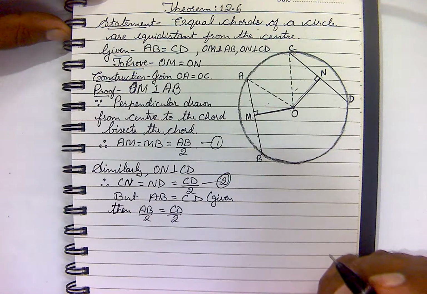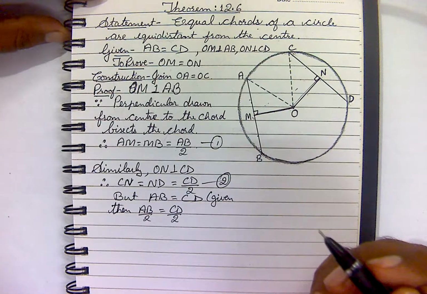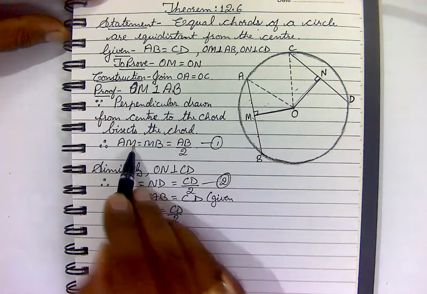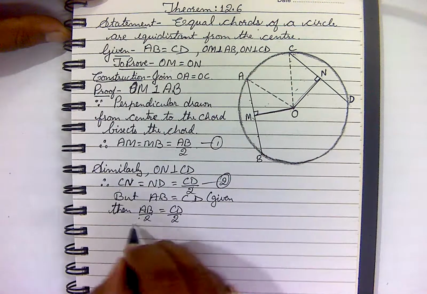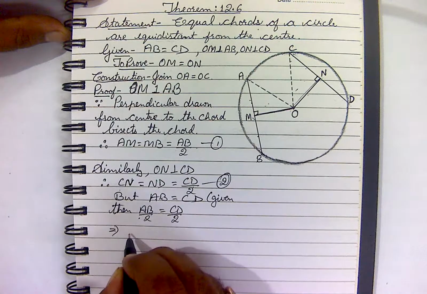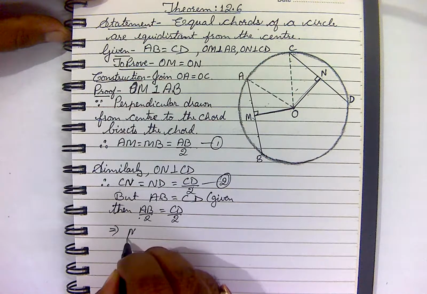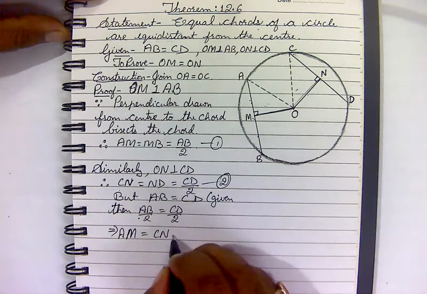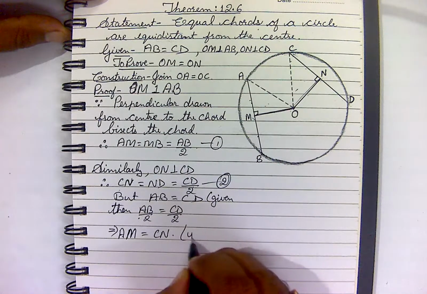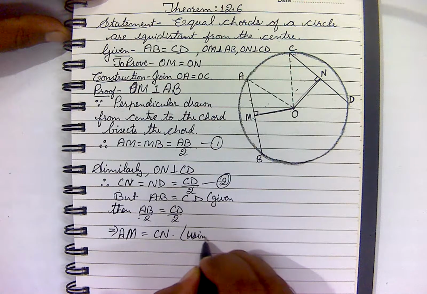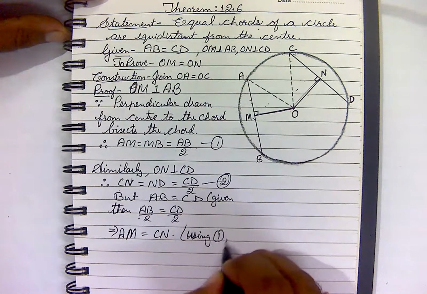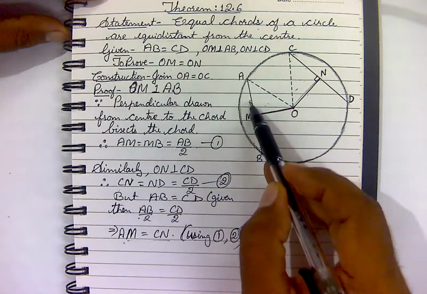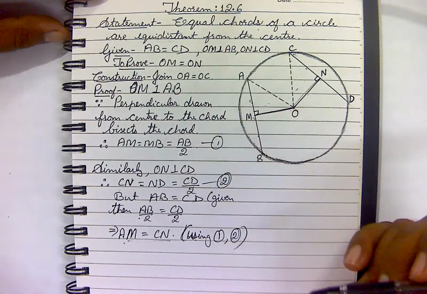If two line segments are equal, then their halves will also be equal. Half of AB is AM and half of CD is CN. So this shows that AM is equal to CN, using the first and second. Ultimately we get that AM and CN are equal.